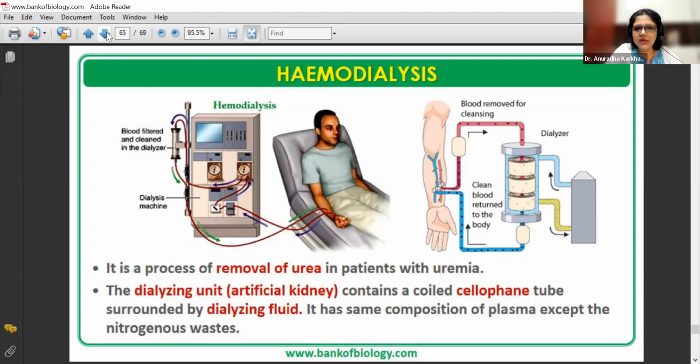The dialyzing unit, which we call an artificial kidney, contains a cellophane tube surrounded by dialyzing fluid. Now, what is this cellophane tube?